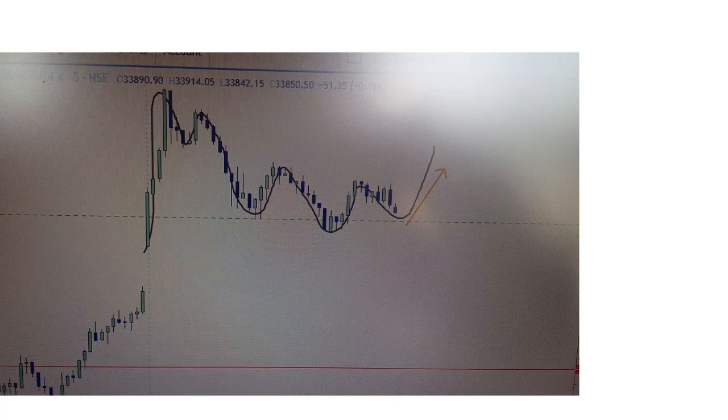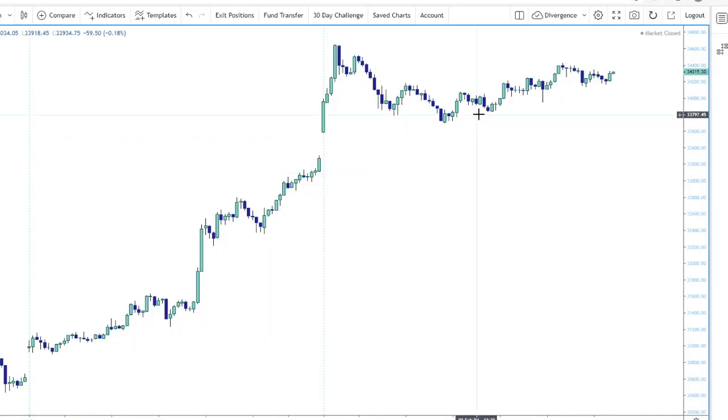The time was somewhere here, and the market was around here. And I'm going to explain the reason behind identifying that area as a good entry for long positions.